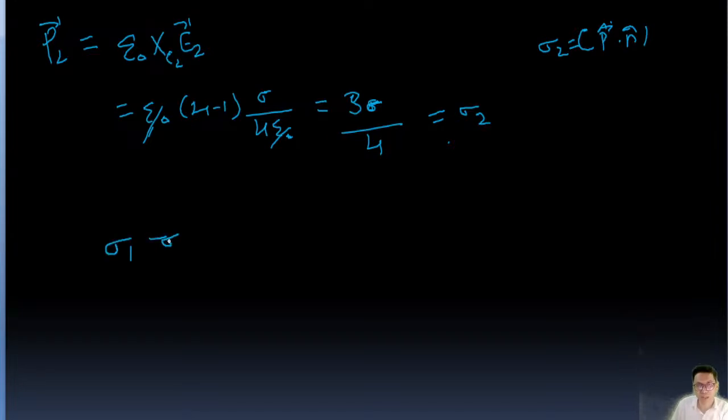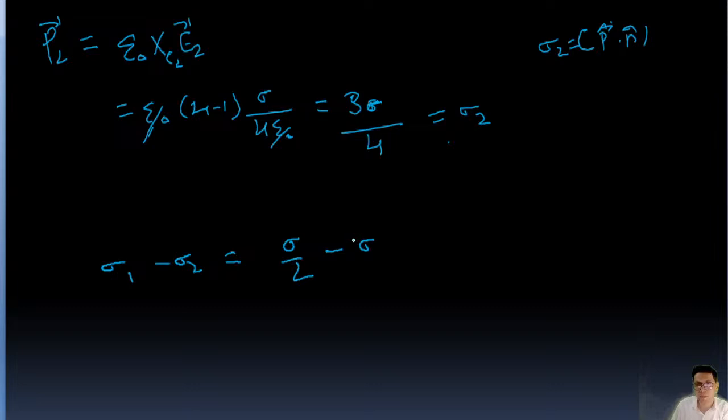So sigma 1 minus sigma 2 is the bound surface charge at the junction of dielectric. This is going to be sigma 1 minus sigma 2, where sigma 1 is sigma by 2 minus sigma 2 which is 3 sigma by 4.